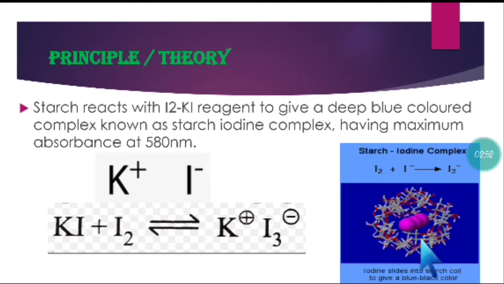This is the amylose starch, and when the iodine inserts itself in the structure of the amylose, it gives rise to the starch iodine complex, which is deep blue in color.